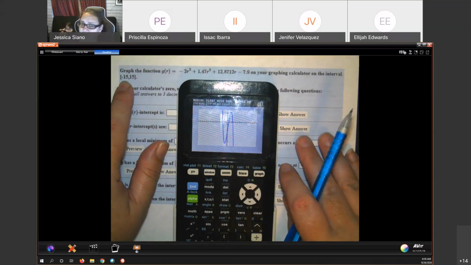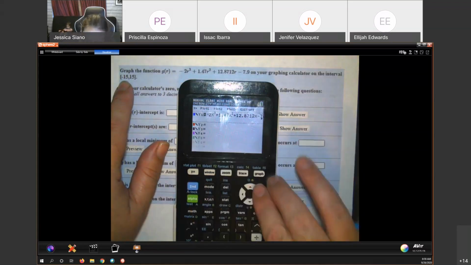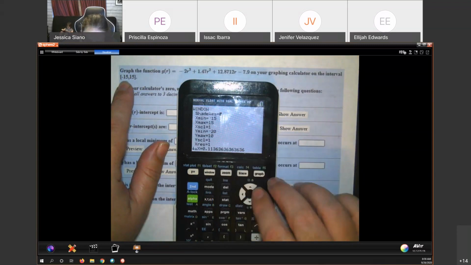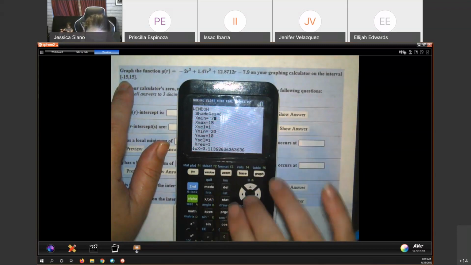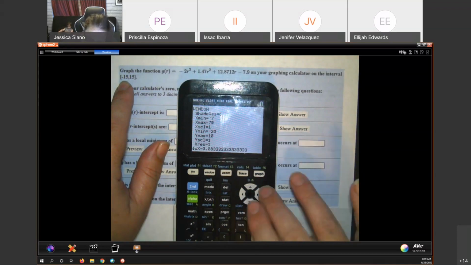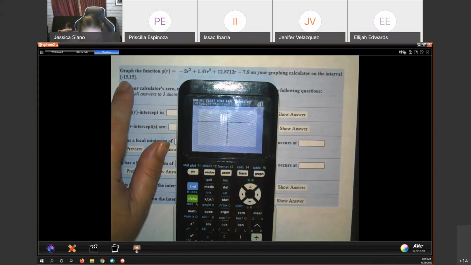I think that's a pretty good one. I actually think I'm going to change this window so that instead of negative 15 and 15, it's like negative 7 and positive 7. Yeah, that's good. I'm happy with this one.